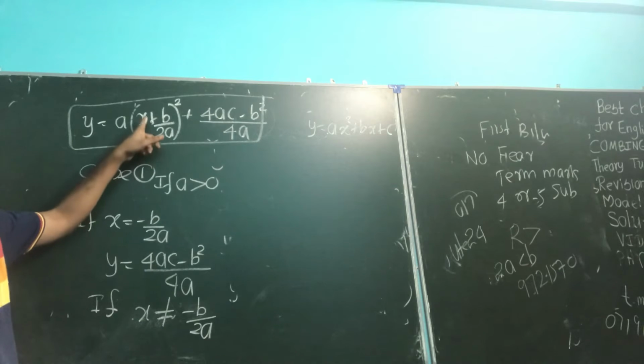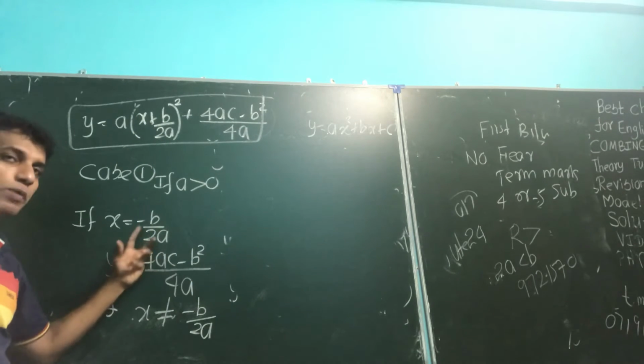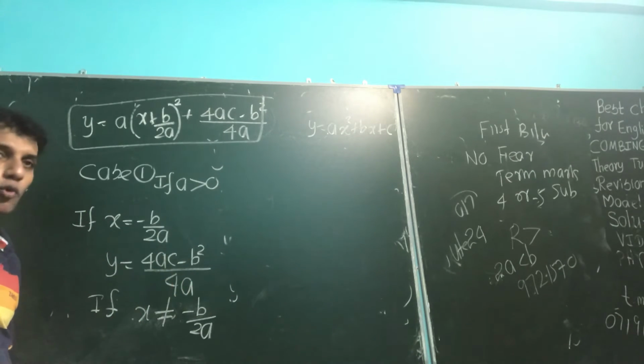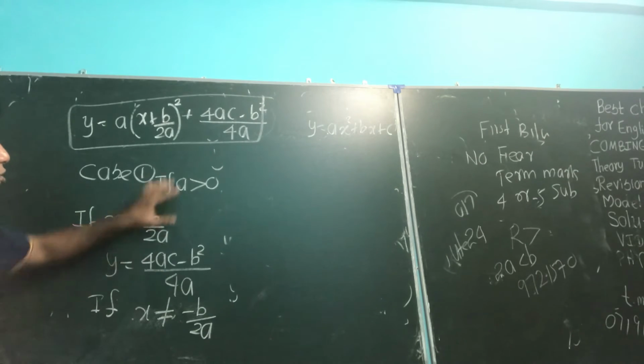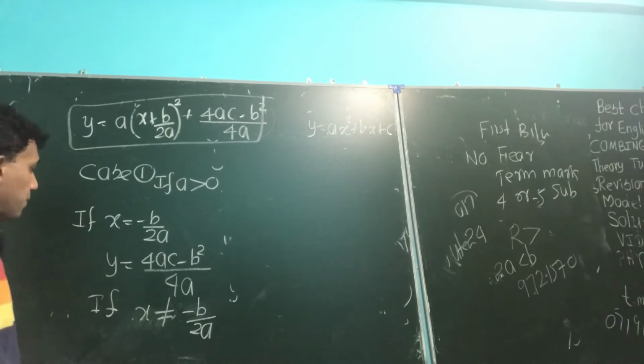If x equals minus b over 2a, y equals such an expression: (4ac minus b squared) over 4a. But what happens if x is not equal to that? It will never make 0, right? What happened then?